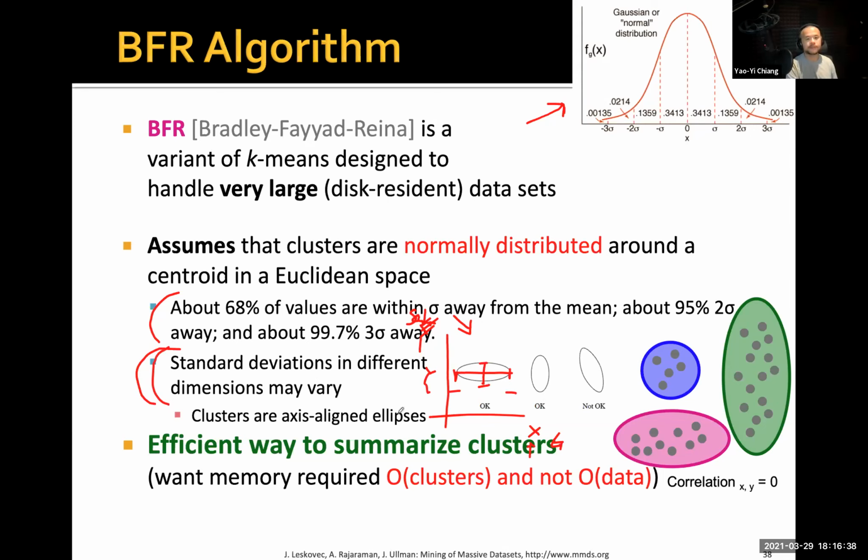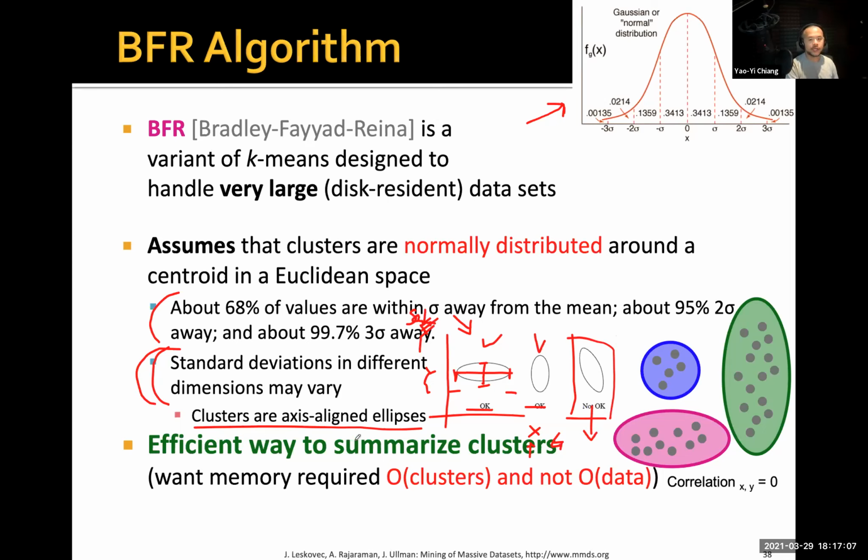They can be different, but these clusters need to be axis aligned ellipses. Okay, so aligned like this, great, great, but it cannot be like this. So what's the implication of this? This means the correlation of your X and Y are not 0.